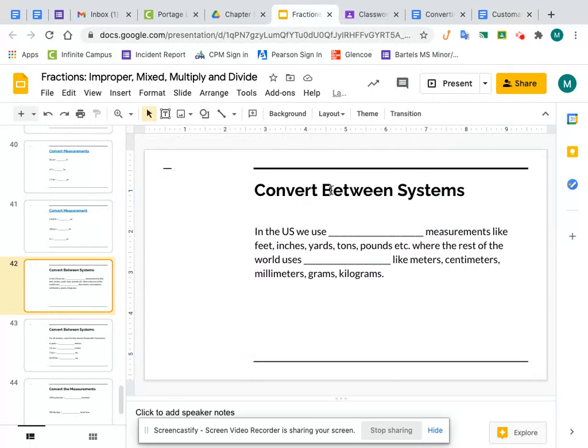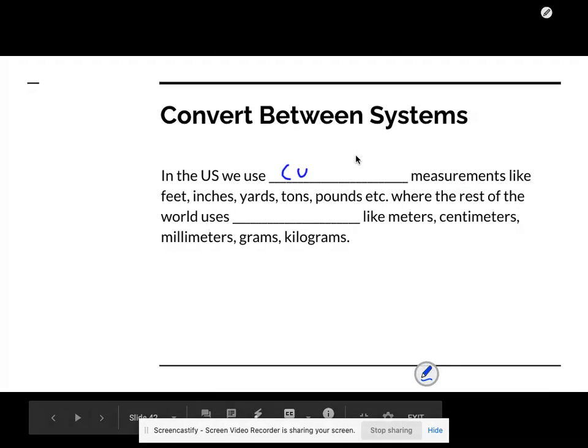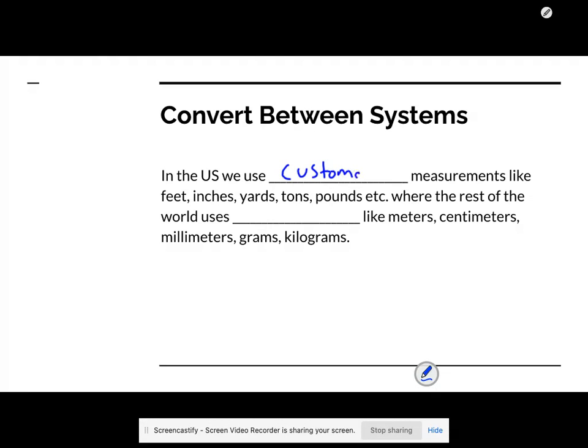So if we're converting between systems here, like I said, in the United States, we use the customary measurements, like feet, inches, yards, tons, pounds, etc., where the rest of the world uses metric, like meters, centimeters, millimeters, grams, kilograms.